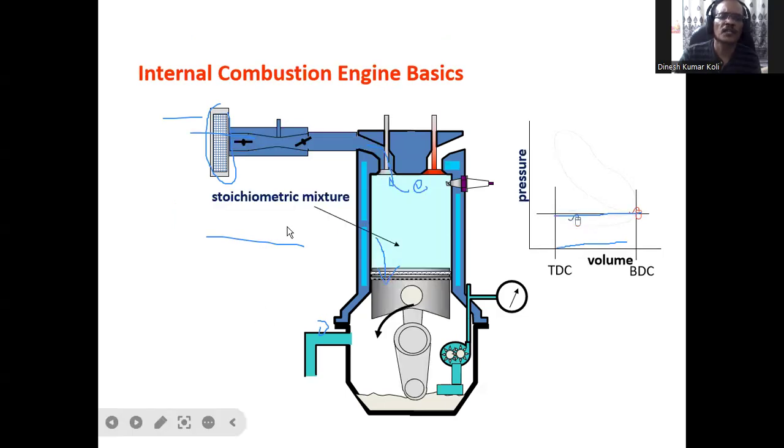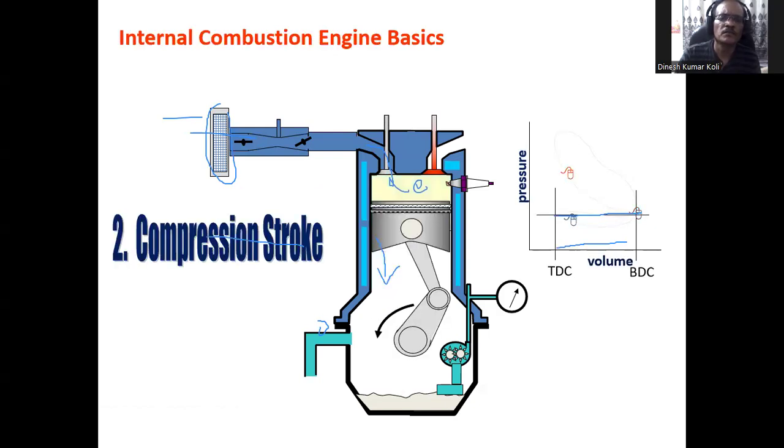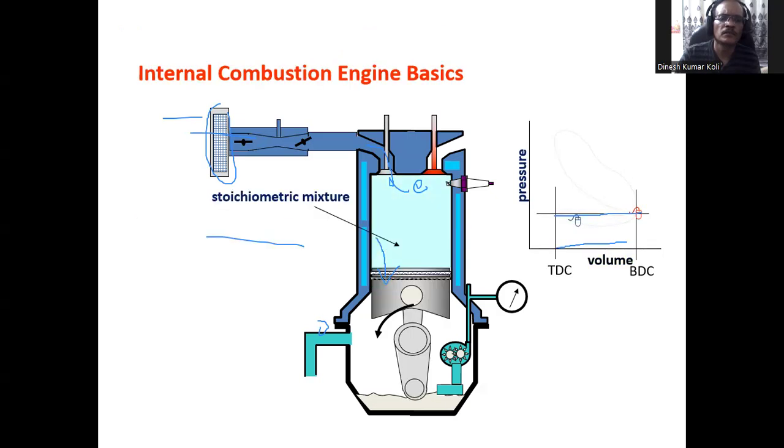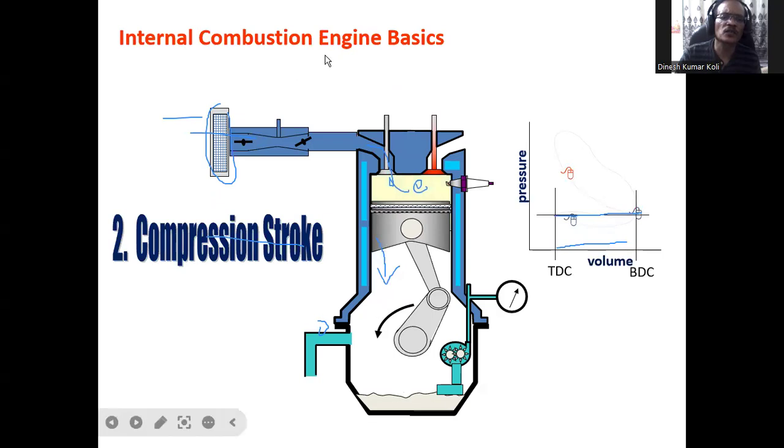In the second stroke, you can see the piston will move from BDC to TDC. This is the compression stroke, in which the pressure will increase, and both the valves are closed.